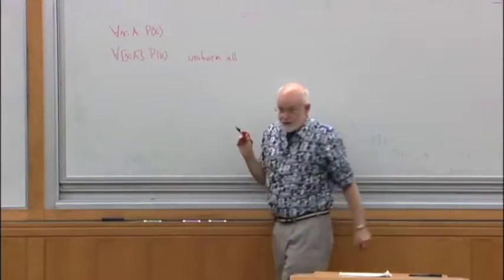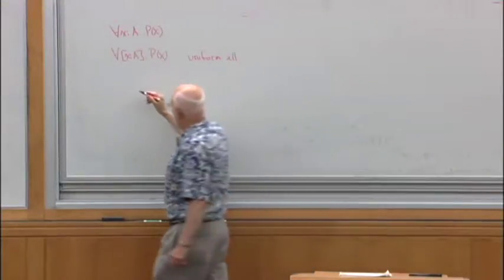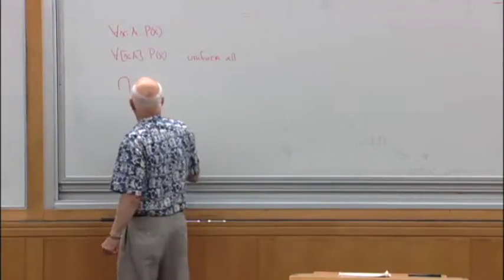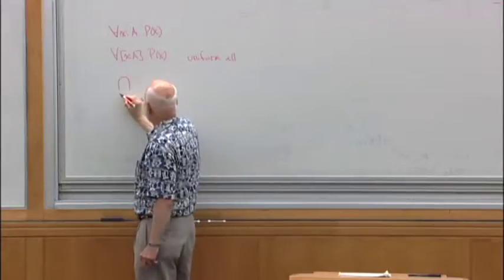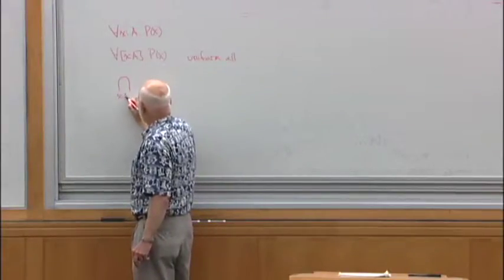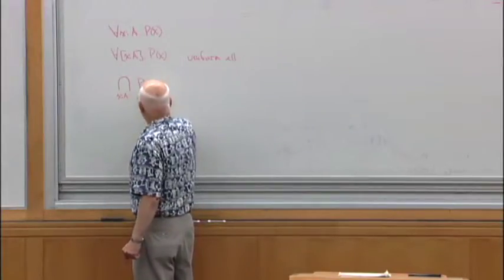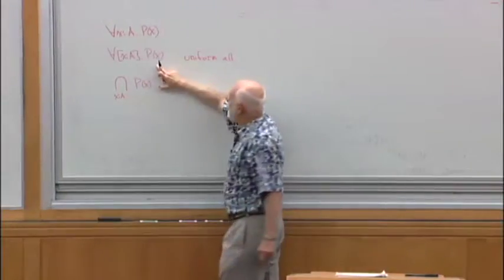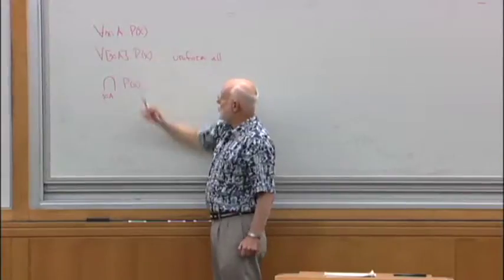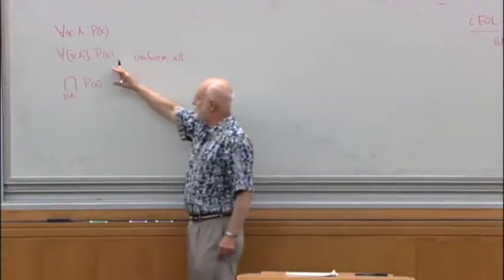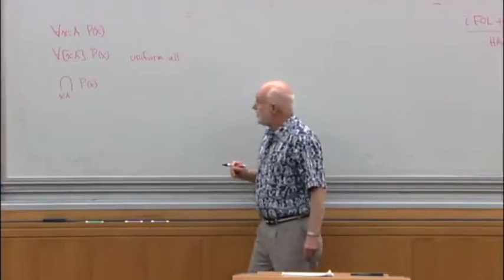But the actual type that we're using here is an intersection type. So what I want to do is intersect over the x's in A, this is my index set, all of the values that could occur here in, say, the proposition. This could be any type, but I want to think of it as a proposition.